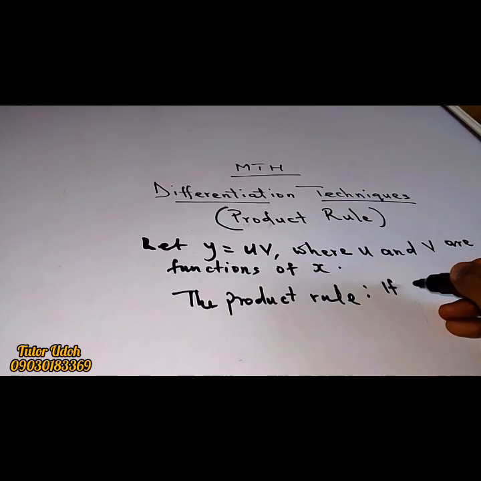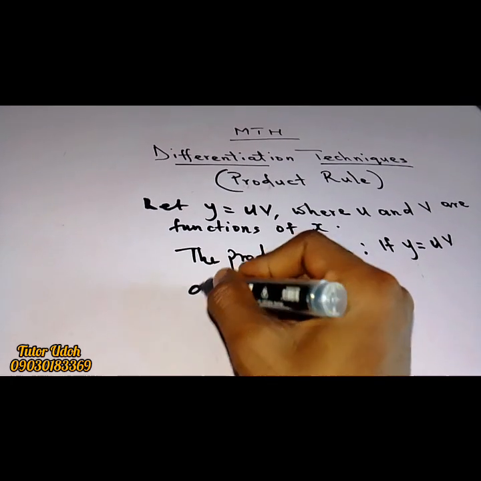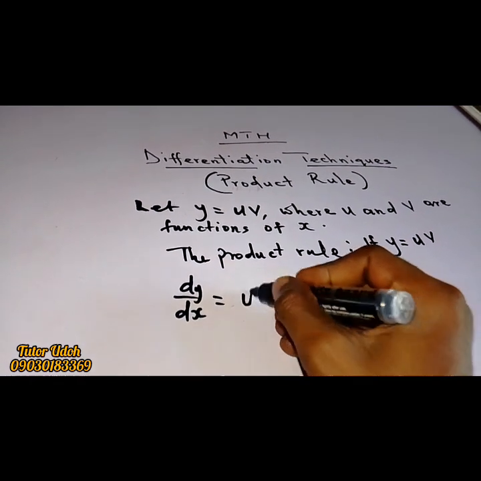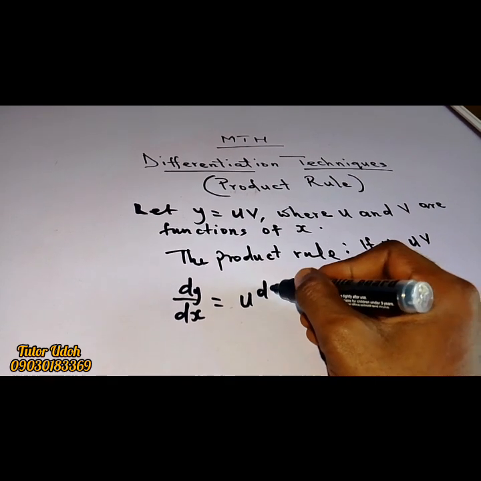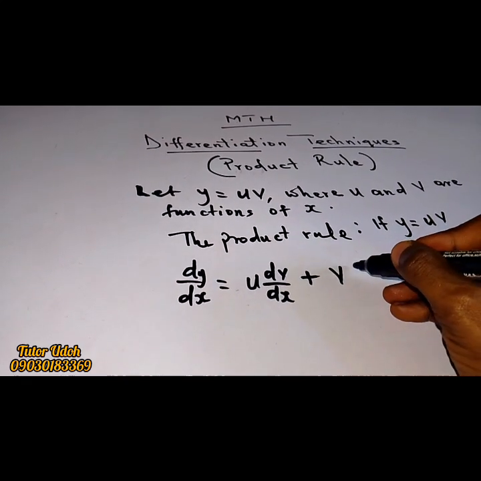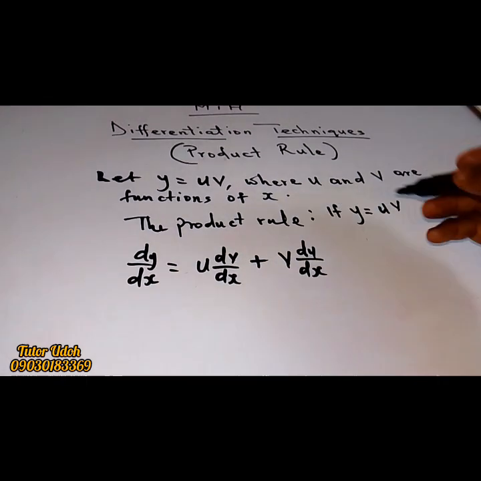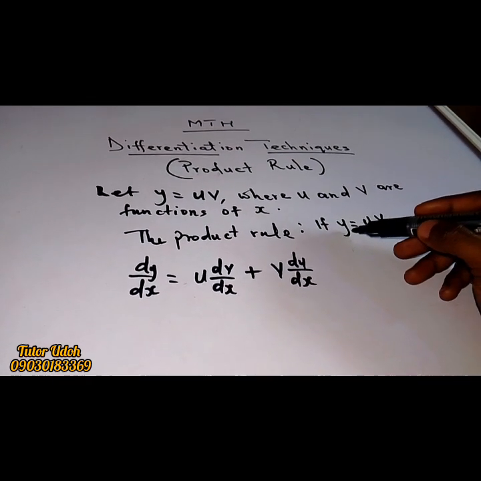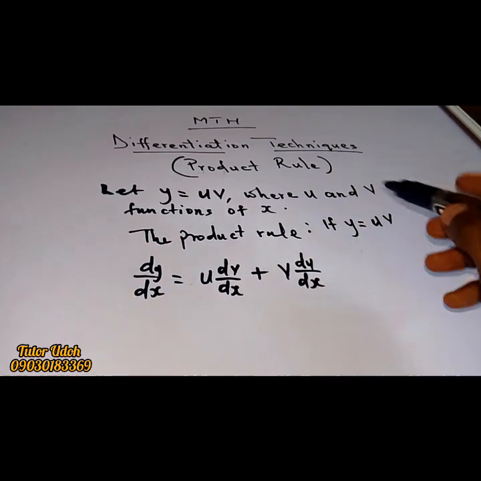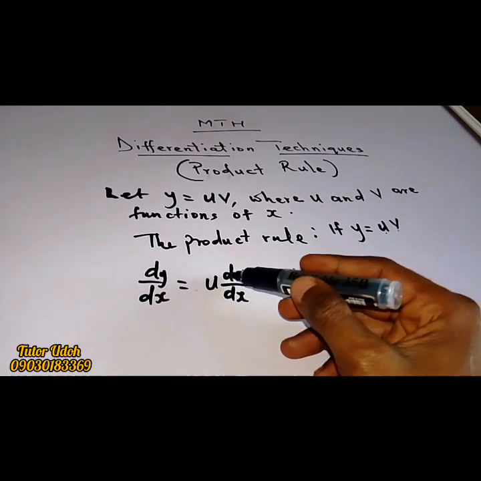states that if y is equal to uv, then the derivative of y, dy/dx, is equal to u times dv/dx plus v times du/dx. So what this means is that if we have a function given y equal to uv, then the product rule states that we will multiply this u variable by the derivative of v, that's dv/dx.